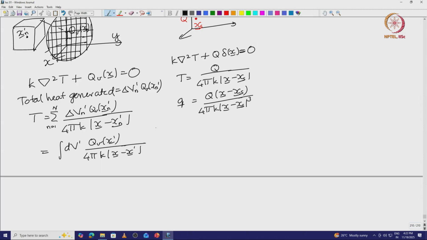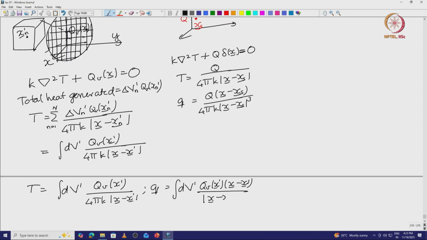So, therefore, the temperature field is just an integral over the source points dV prime of the volumetric source per unit volume per unit time divided by 4 pi k into modulus of x minus x prime, and the heat flux is equal to integral dV prime of qV of x prime into x minus x prime by modulus of x minus x prime whole cubed.